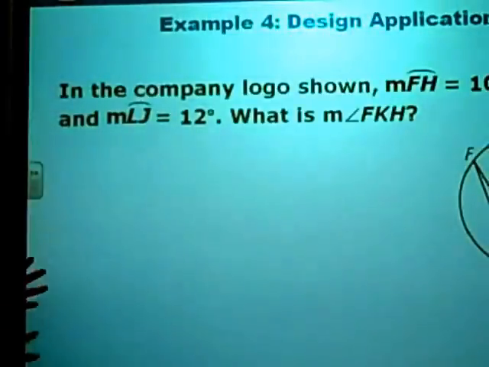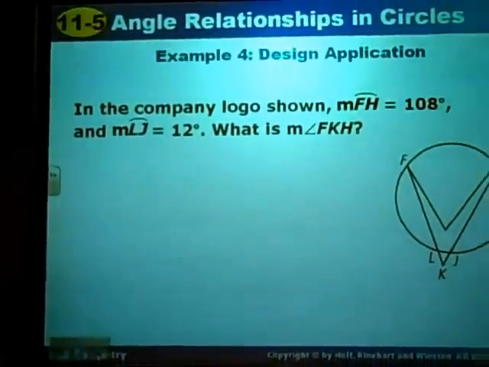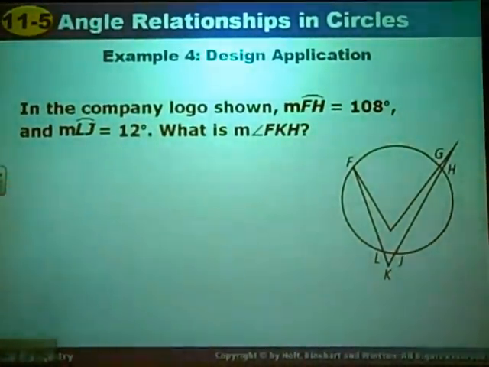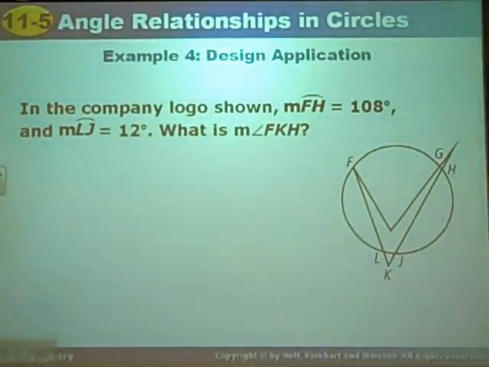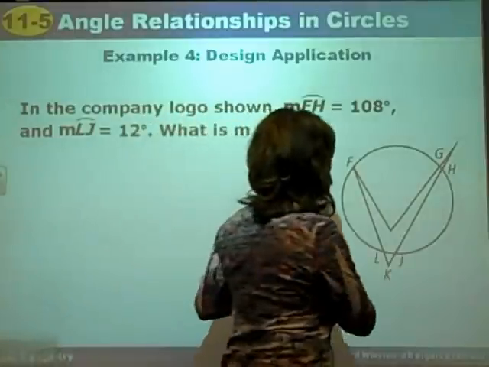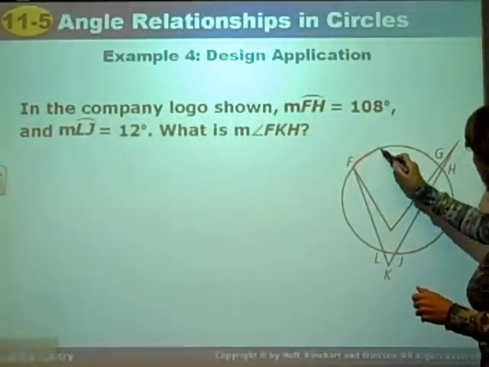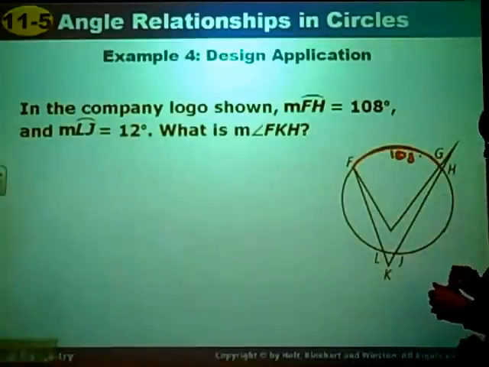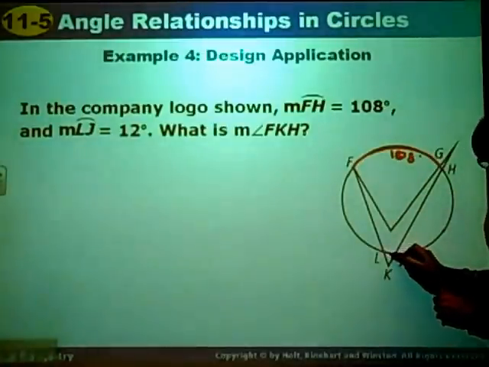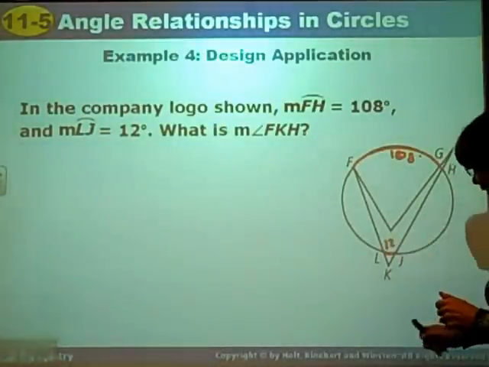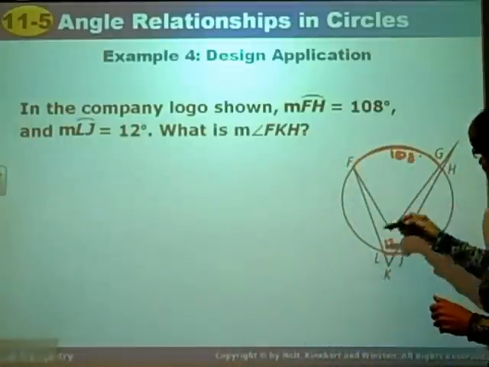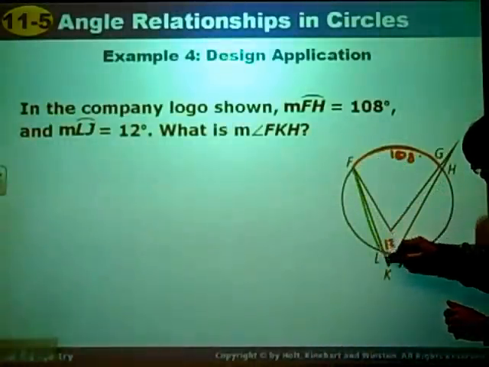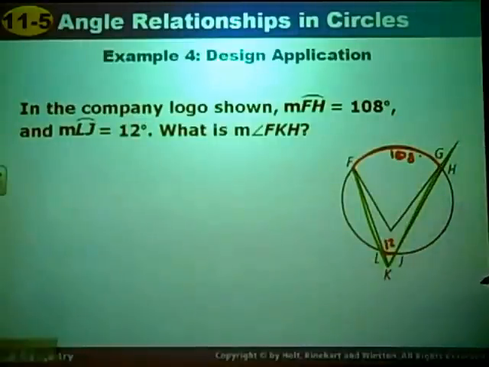So this is fun. Here's a good real world example. Company logo, very cool. If I'm going to label these things, you've got to know what's what. Arc FG is 108 degrees. LJ, right down here, is 12, and we want angle FKH.